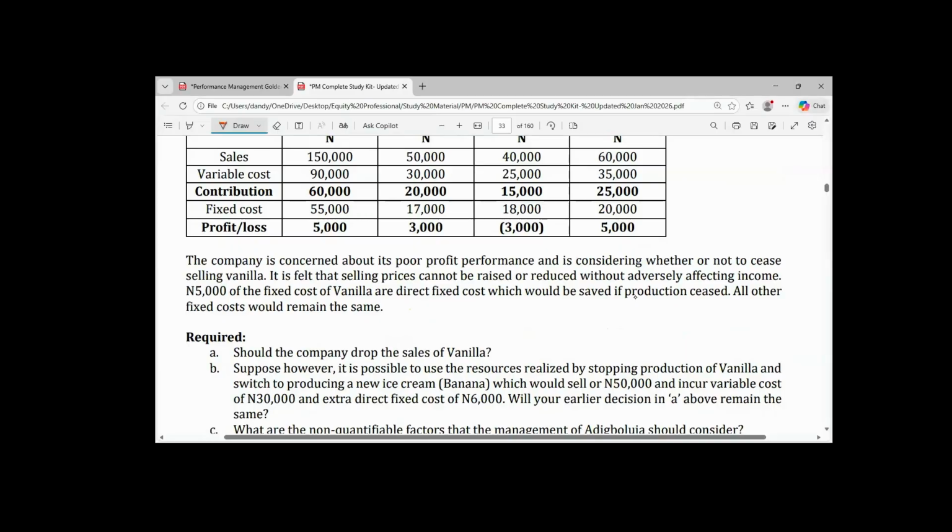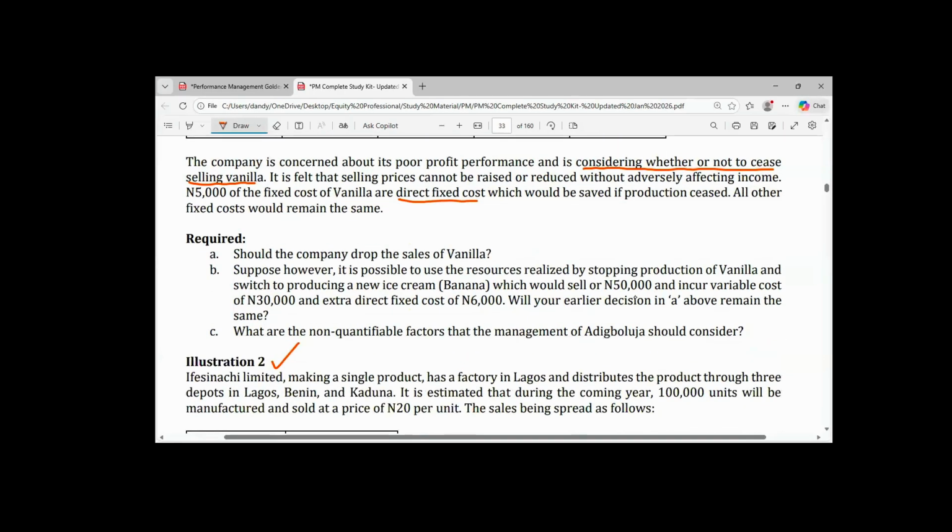So it is felt that selling prices cannot be raised or reduced without adversely affecting income. 5,000 naira of fixed costs of vanilla are direct fixed costs, which would be saved if production ceased. All other fixed costs will remain the same. Required. A. Should the company drop the sales of vanilla?